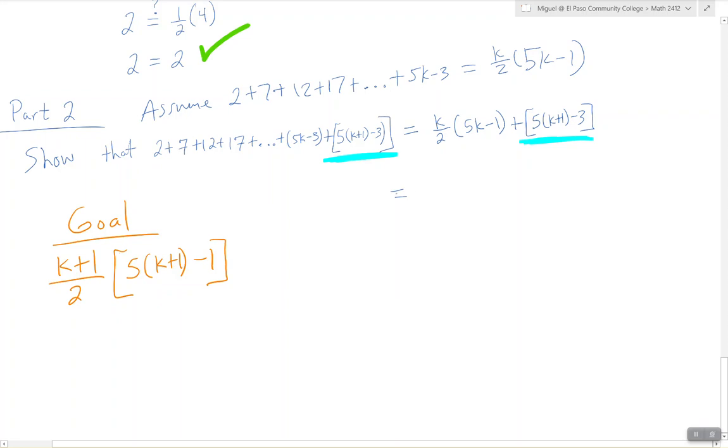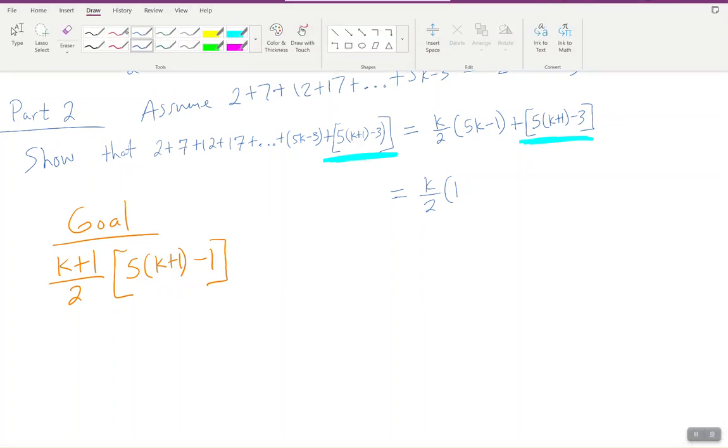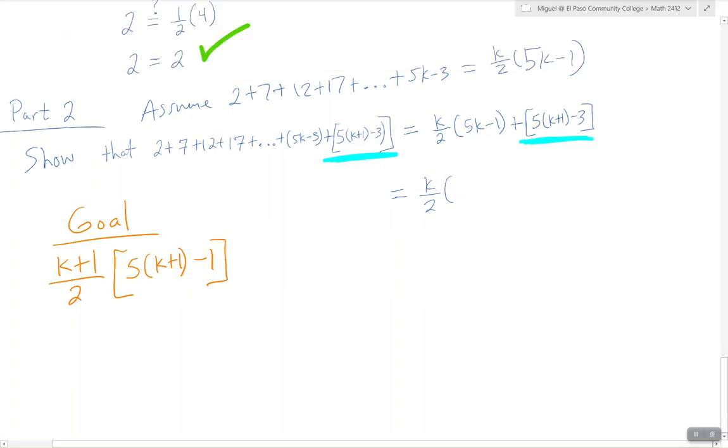So we have k plus 2 times, should we put it over 2? No, let me do this first. 5k minus 1 plus, and inside is 5k plus 5 minus 3.